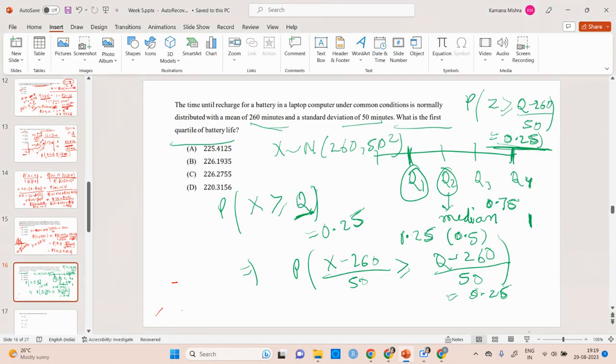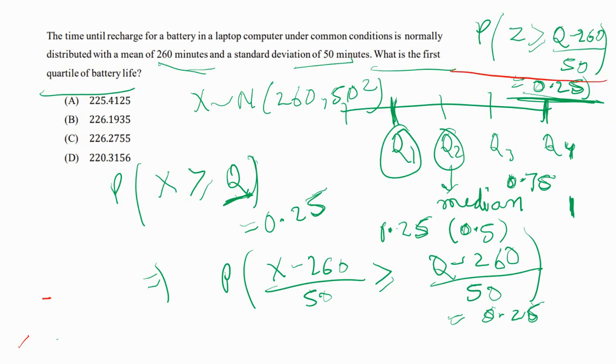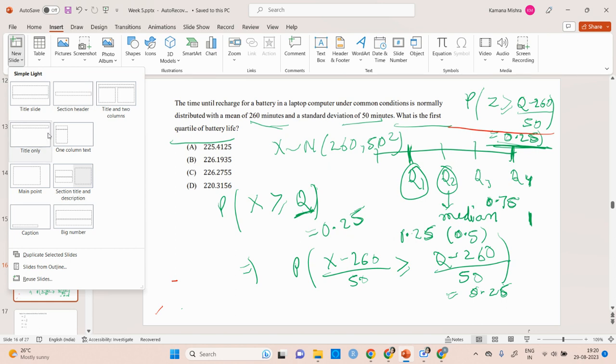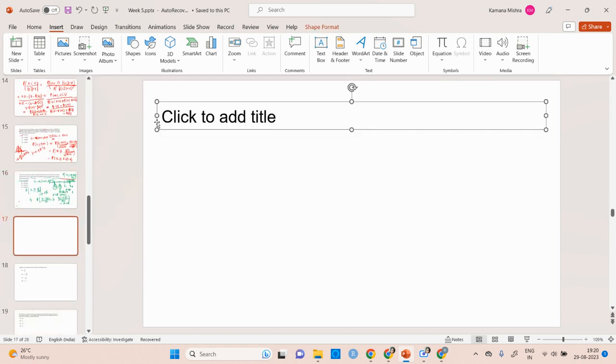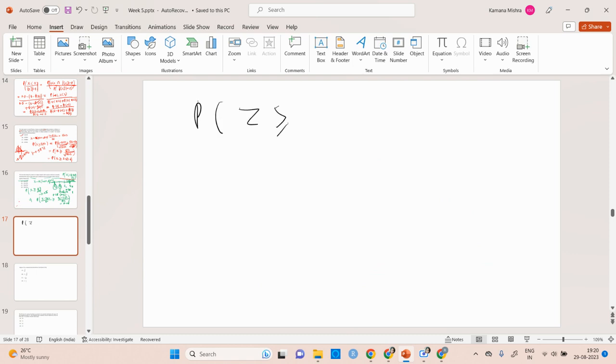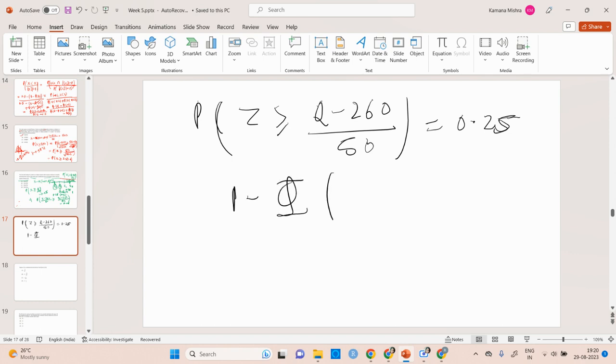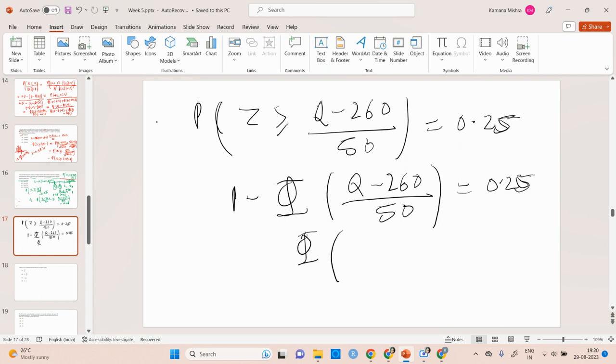Let me just write it first. So phi of (q minus 260) by 50 will be equal to 0.75.